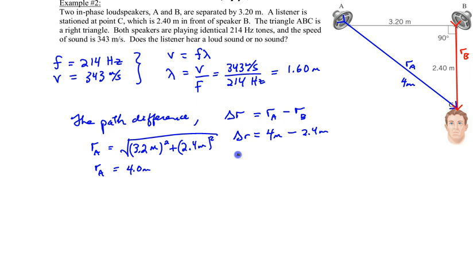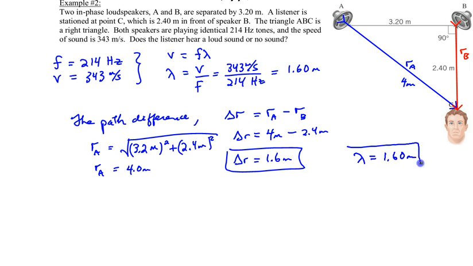That means our path difference is 1.6 meters. Compared to the wavelength we just determined, which is 1.6 meters as well, what does that tell you? We see that delta R is exactly equal to the wavelength.